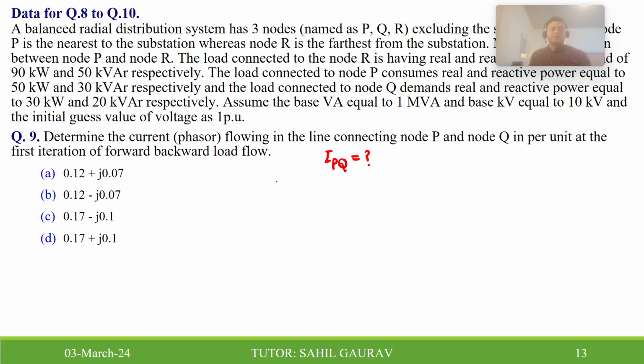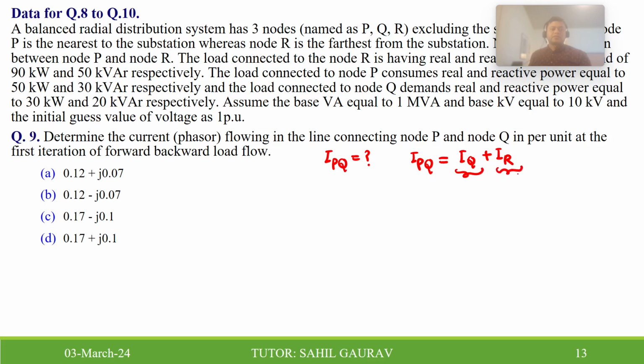So first we are going to find IPQ. It's better to write IPQ is IQ plus IR. Since we know this quantity IQ, we need to know IR also.